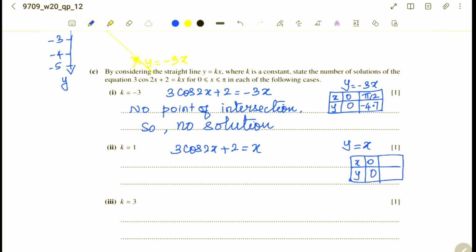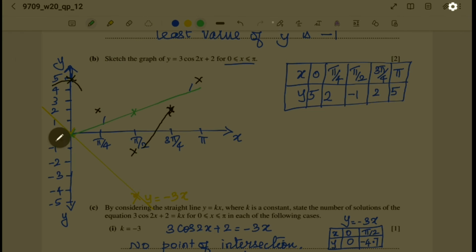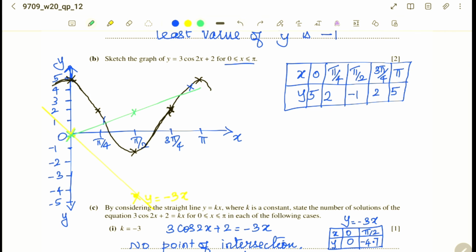When x equal to pi over 2, y is also equal to pi over 2. We can take it as nearly 1.5. These are the 2 points of intersection.